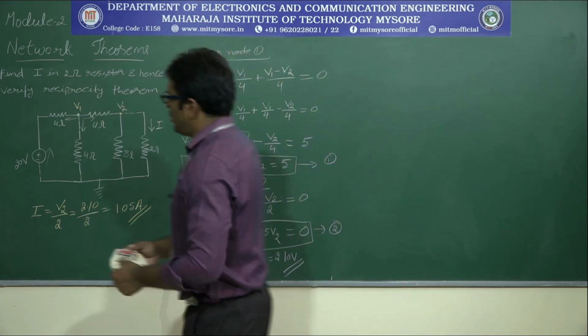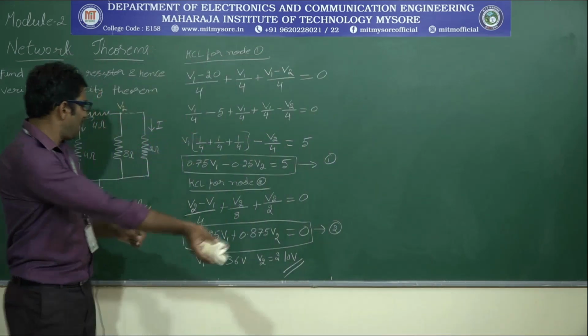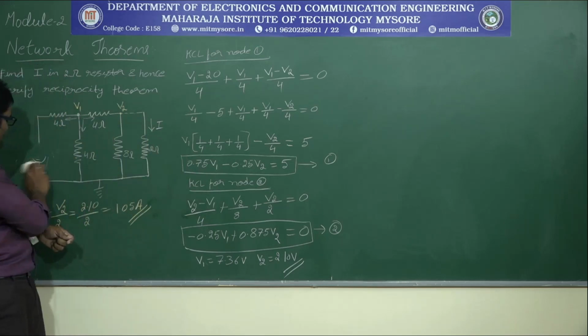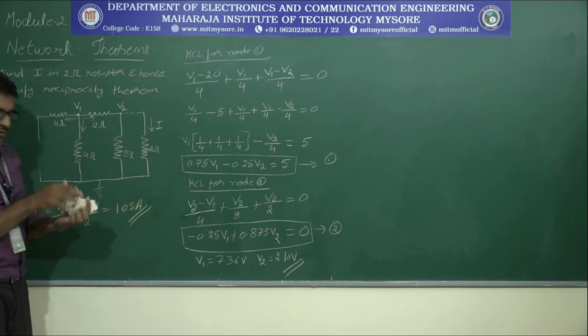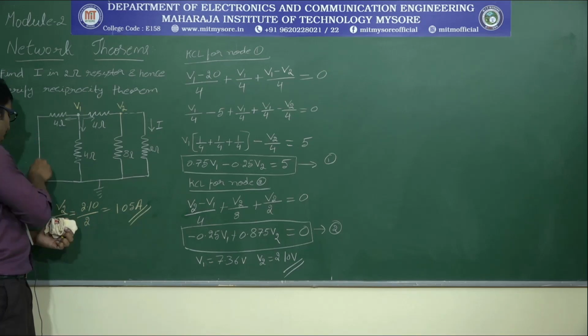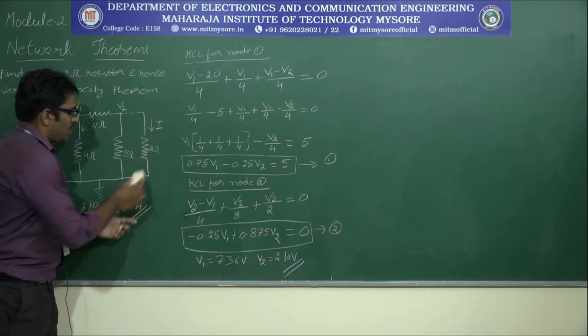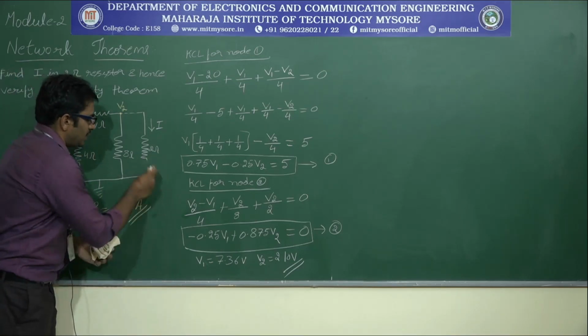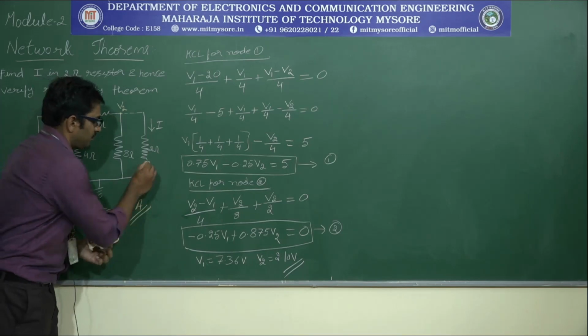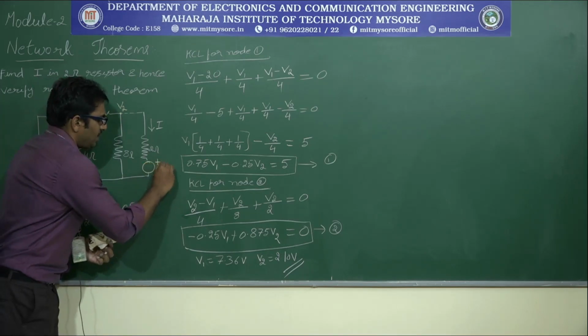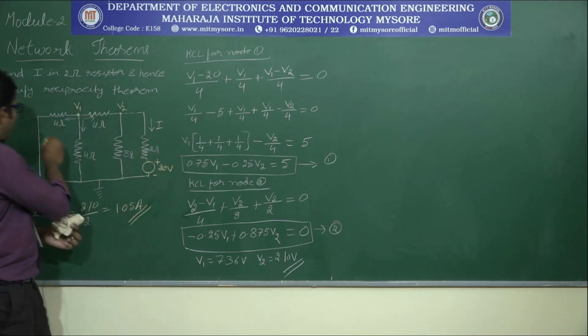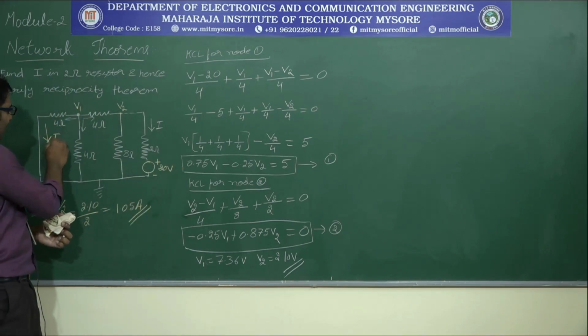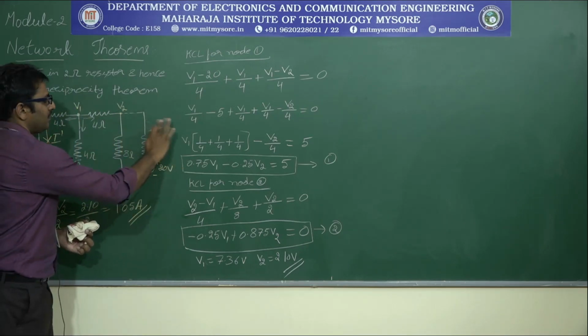Just replace source and response. I am removing this voltage source and placing the voltage source at this point, minus 2 plus 20 volts. Now find the current in this branch. Let me call it I dash.